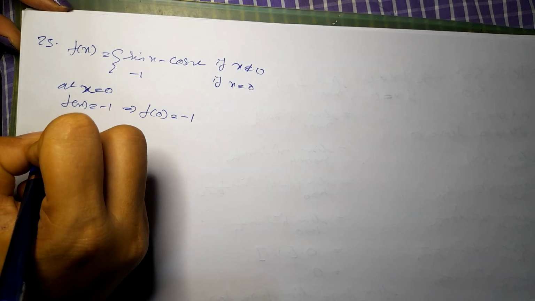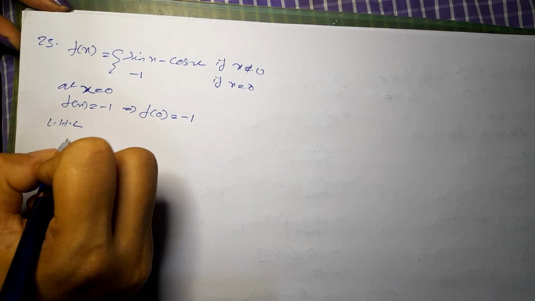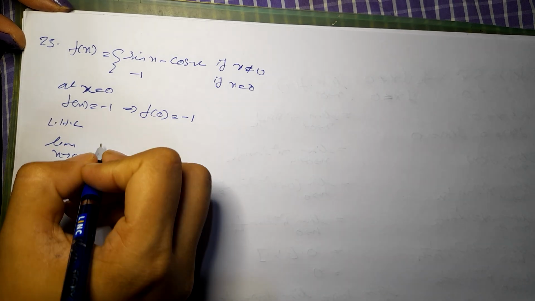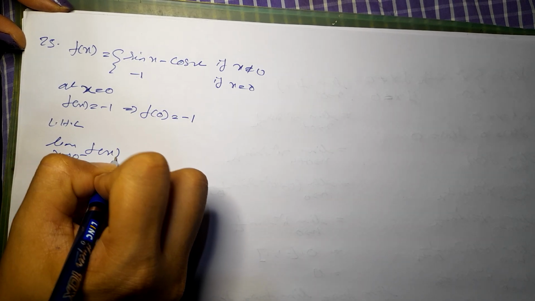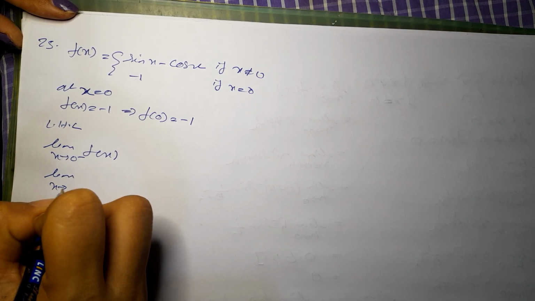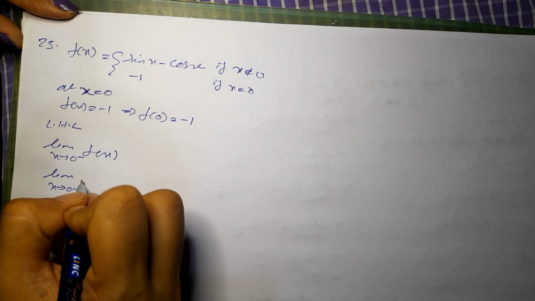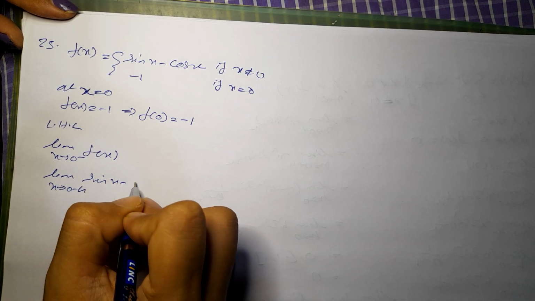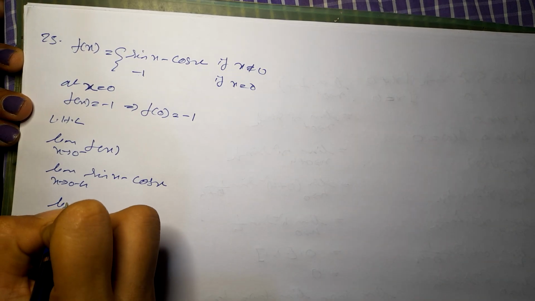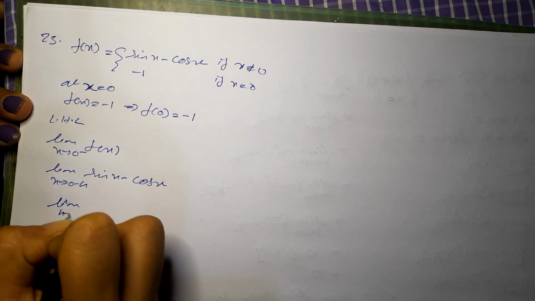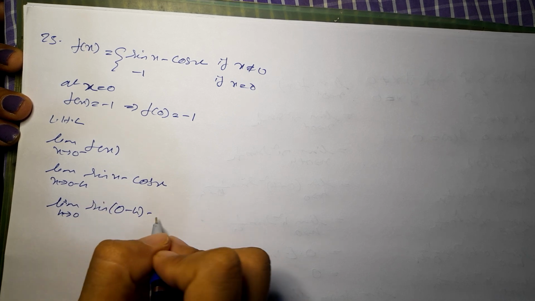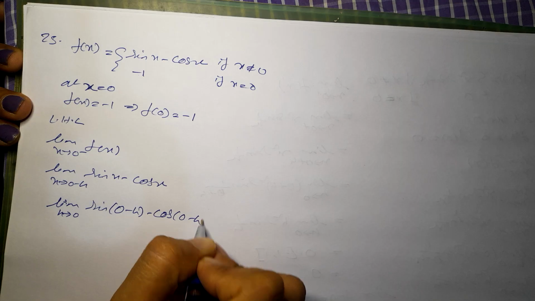Now left hand limit, since we are going to check at 0, limit x tends to 0 minus f of x. So we are going for the left hand side, x tends to 0 minus h, f of x is sin x minus cos x. Now instead of x, place the 0 value: limit h tends to 0 of sin(0 minus h) minus cos(0 minus h).